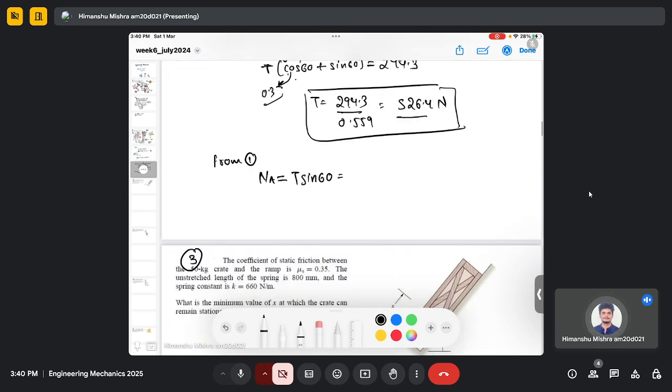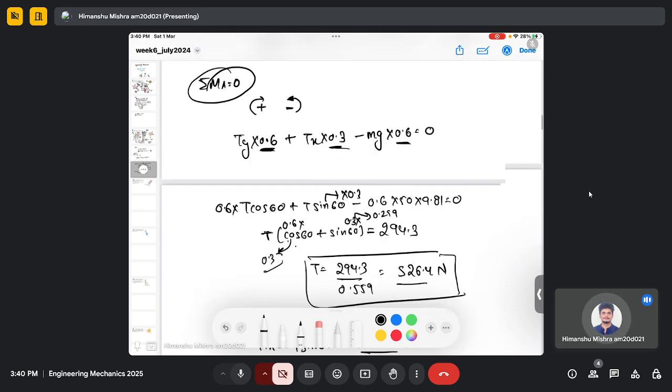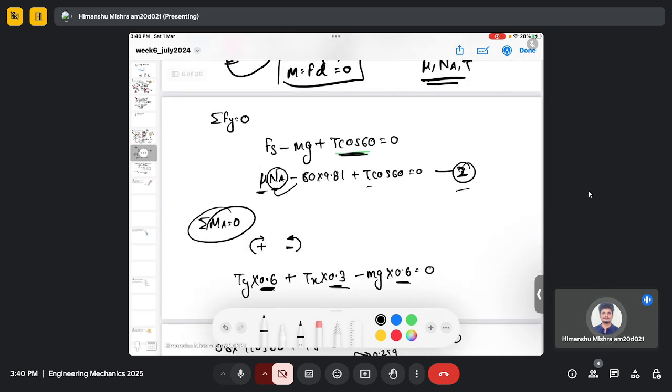So my Na will be 455.875 Newton. This is my Na, and now I can use equation 2 because we found Na and we found T.